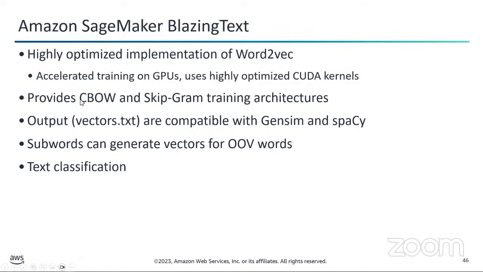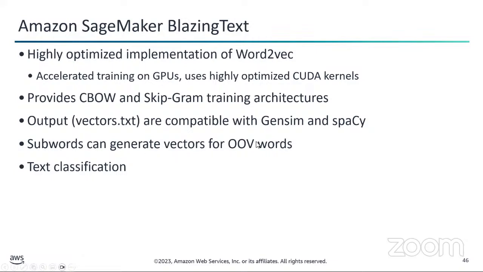So SageMaker BlazingText provides the continuous bag of words and skipgram training architectures, and the output, which gives you the vectors in a text format, is compatible with some other libraries, like Gensim and spaCy.